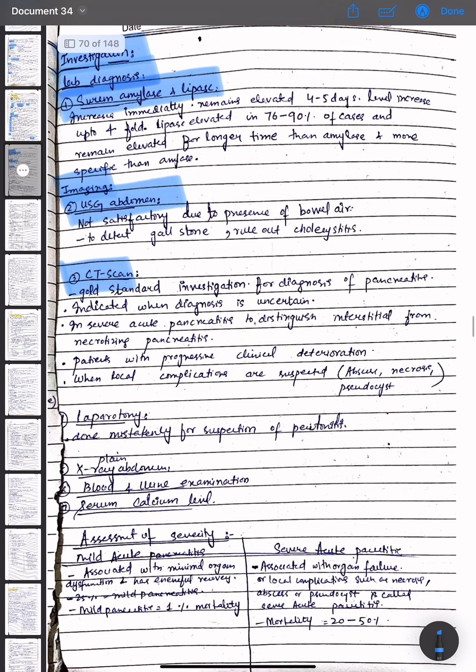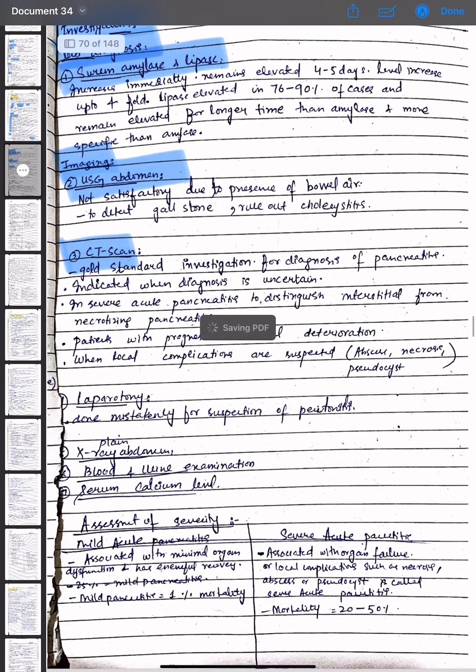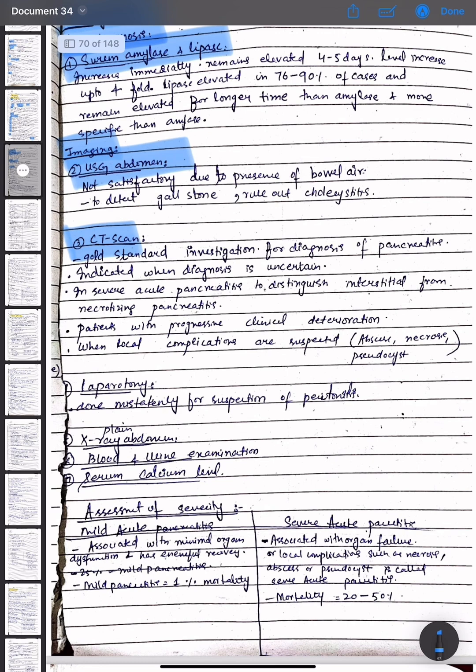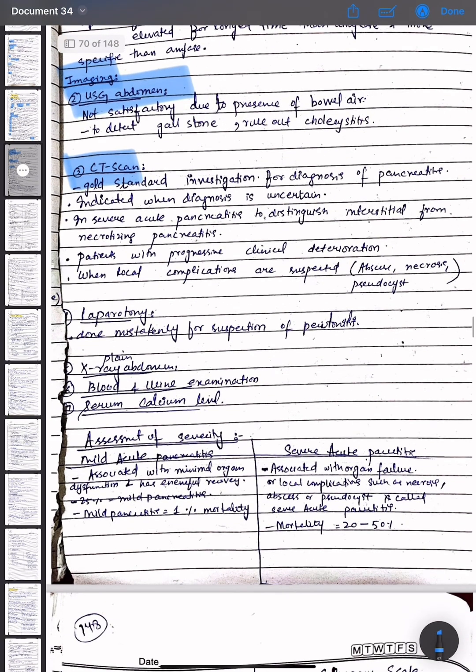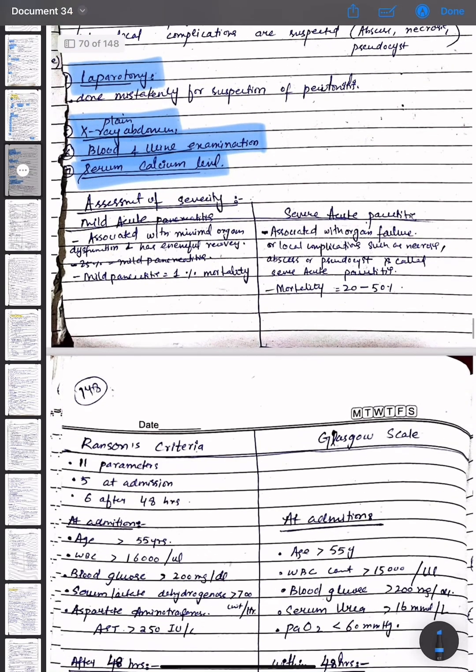In severe acute pancreatitis, it distinguishes interstitial from necrotizing pancreatitis, and is used in patients with progressive clinical deterioration or when local complications are suspected, that is abscess, necrosis, and pseudocyst. Laparotomy is sometimes done mistakenly for suspicion of peritonitis. Plain X-ray abdomen is done, along with blood urea examination and serum calcium level. These are the investigations that are done for a case of acute pancreatitis.